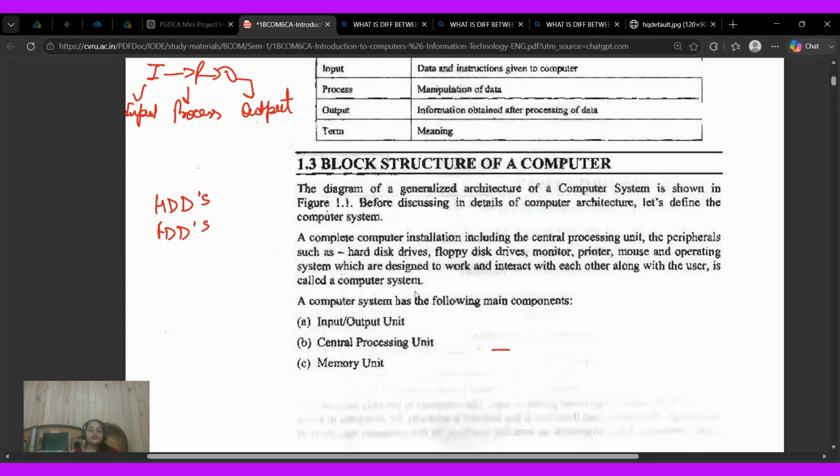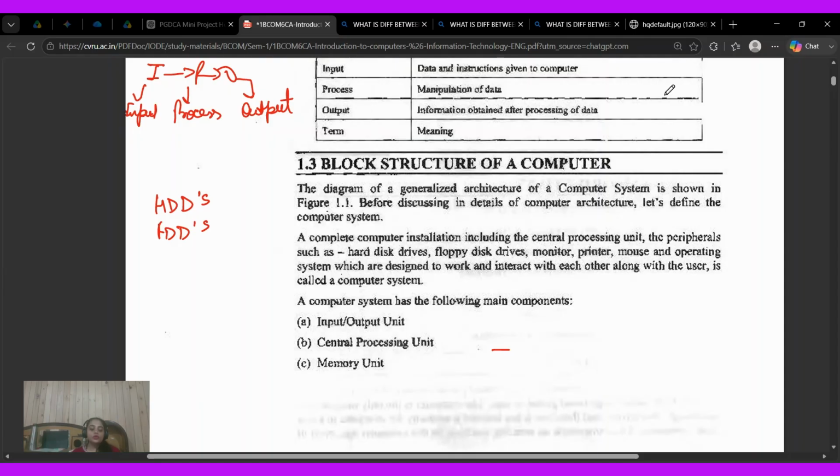Monitor is where you see the output, printer is where you give the print command, mouse is used for operating the whole computer, scrolling. And different operating systems are there, we'll be studying that. Windows is one.